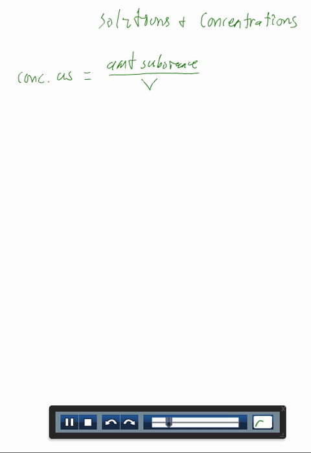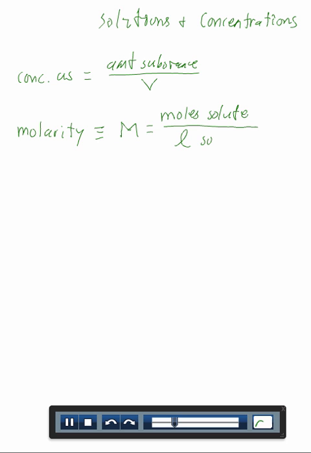One of the most common concentration units is called molarity, and it is given the symbol capital M, and it is defined as being the number of moles of the solute divided by the volume of the solution in liters. So we have liters of solution.